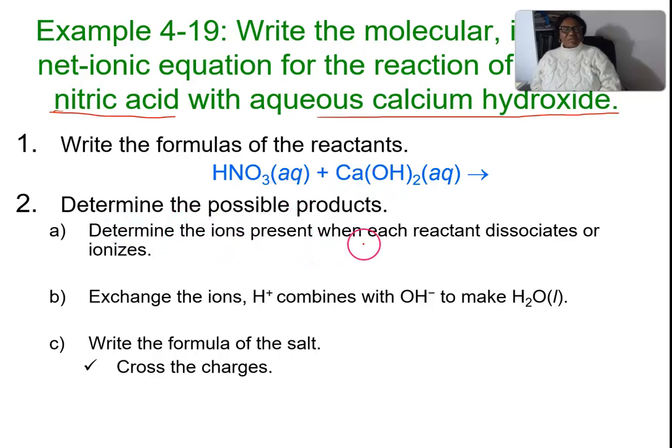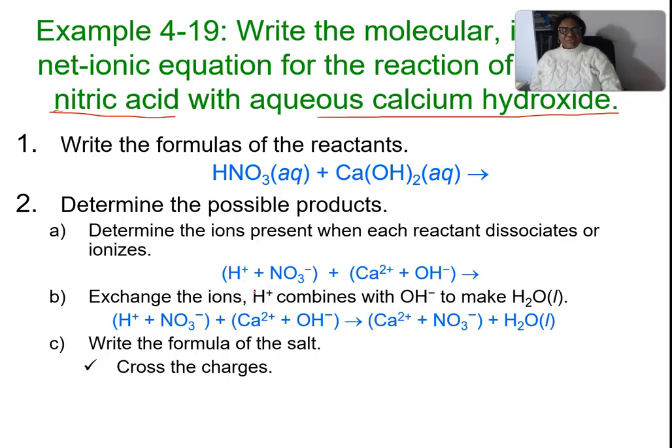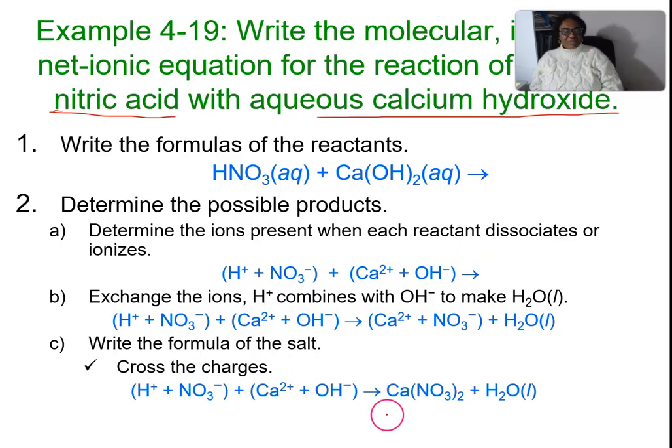We want to determine the ions present in each reactant as it dissociates. So from nitric acid, this is what we got. From calcium hydroxide, this is what we got. Then we exchange. So write the formula of each salt. So that is the salt.